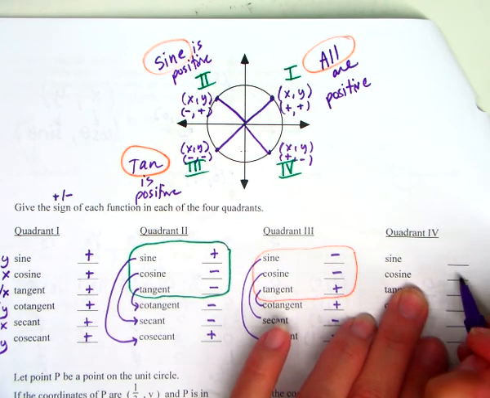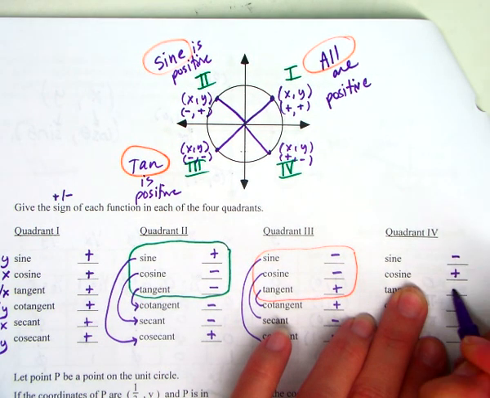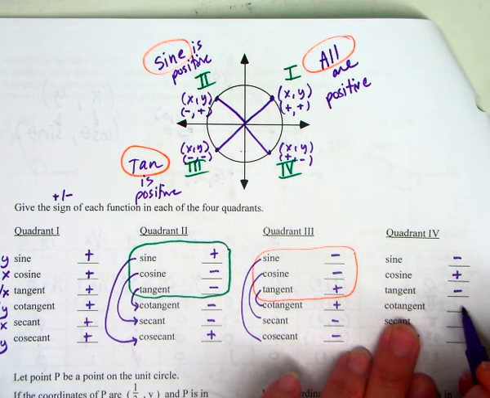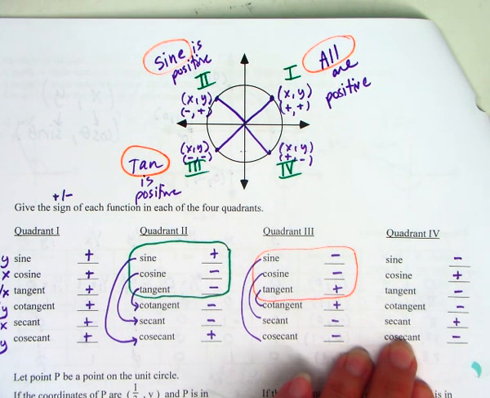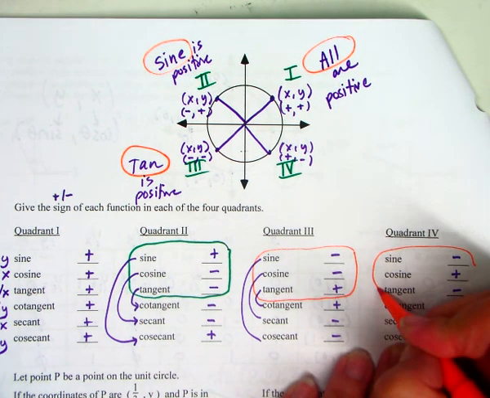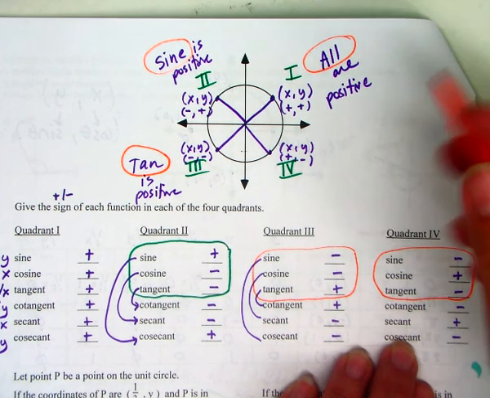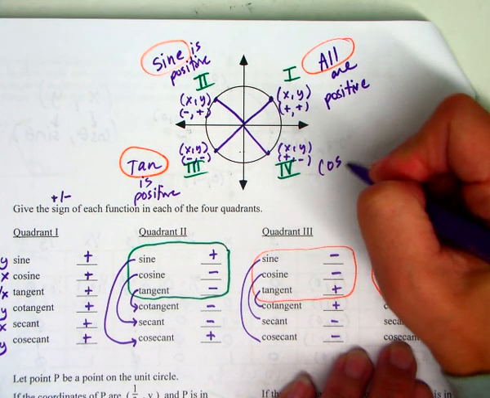So I get negative, positive, negative. So again, among those first 3, the only positive was cosine.